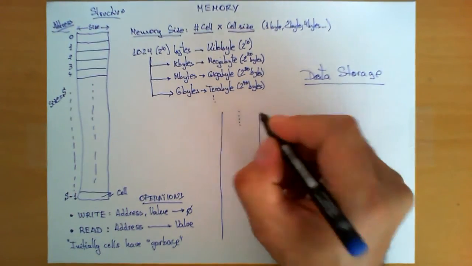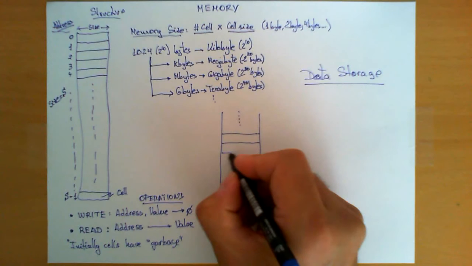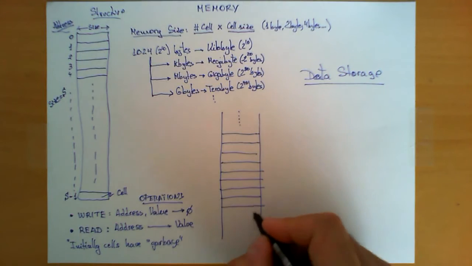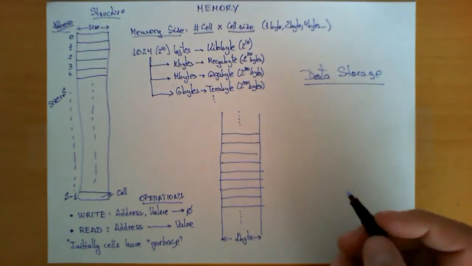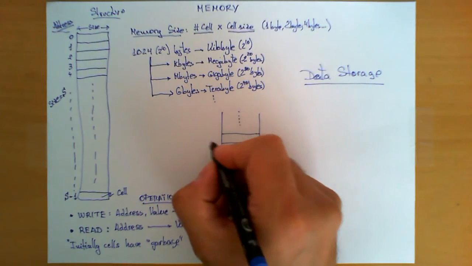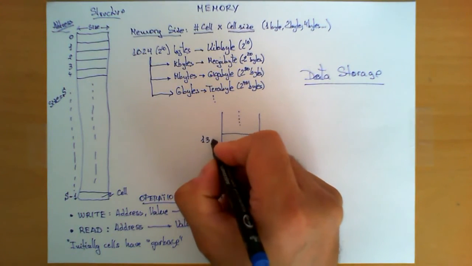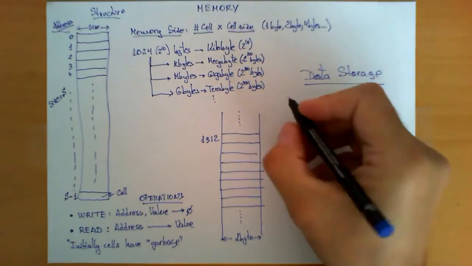I have certain cells above me, and I'm going to draw some of them and additional ones. We're going to assume that the size of each cell is 1 byte or 8 bits. And let's also assume that the first cell that I drew here has the address 1312. This is actually an arbitrary number. It can be anything. So let's start with the example.